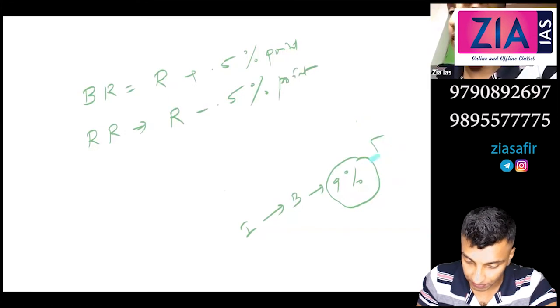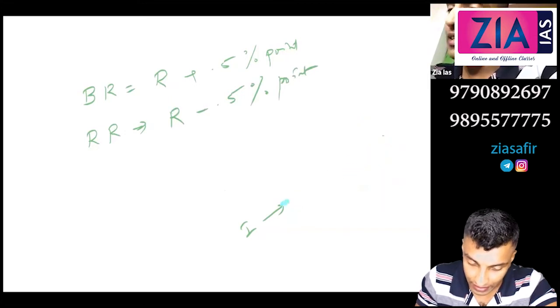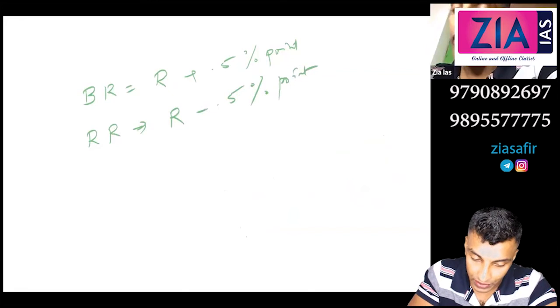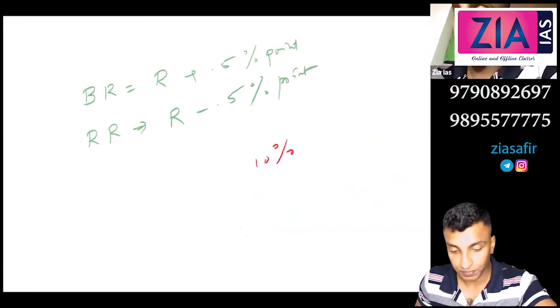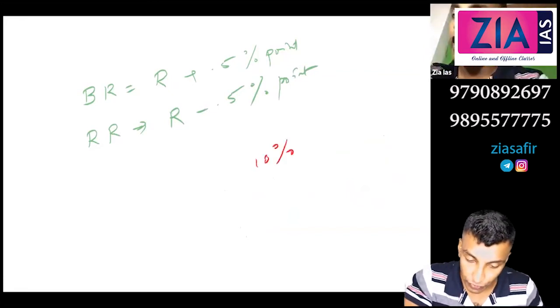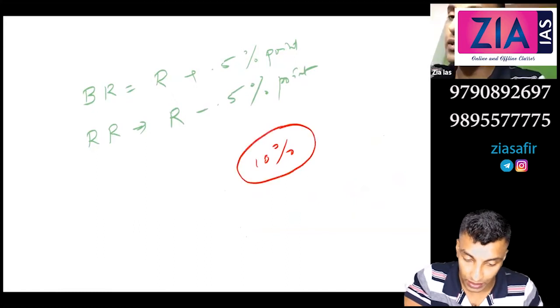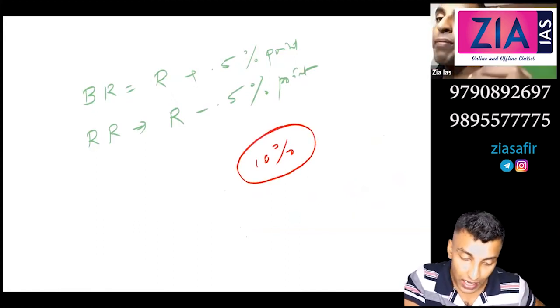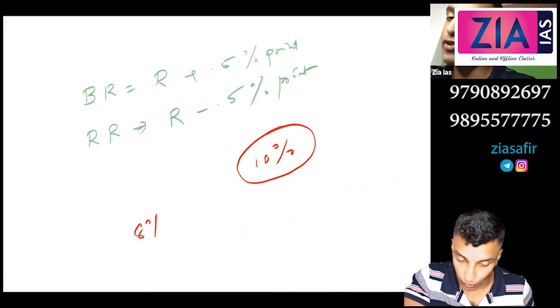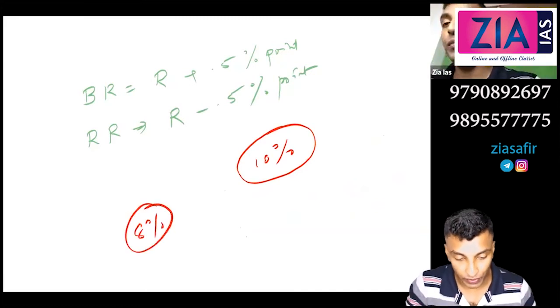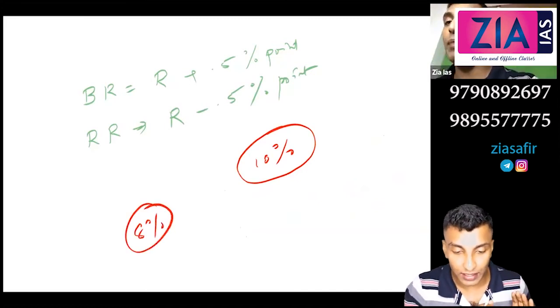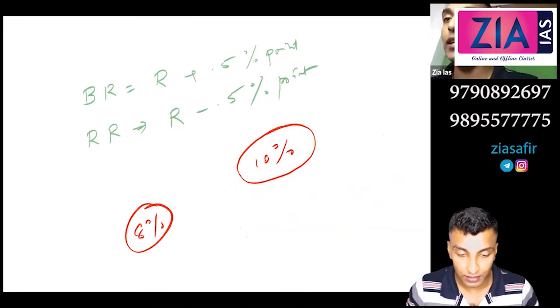What I'm saying is, imagine this case: some bank is offering you 10% interest if you deposit, and the bank is charging you 8% if you borrow. Then what do you do? You will borrow at 8% and deposit in the same bank at 10%, right?